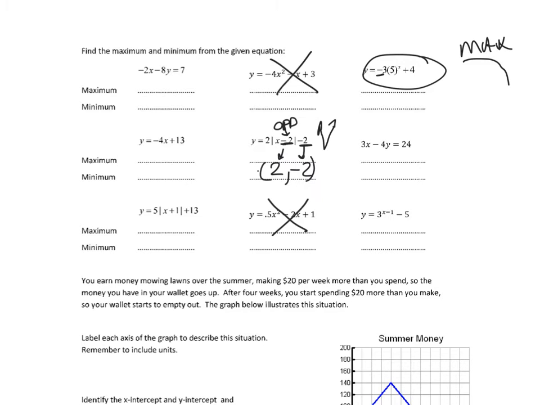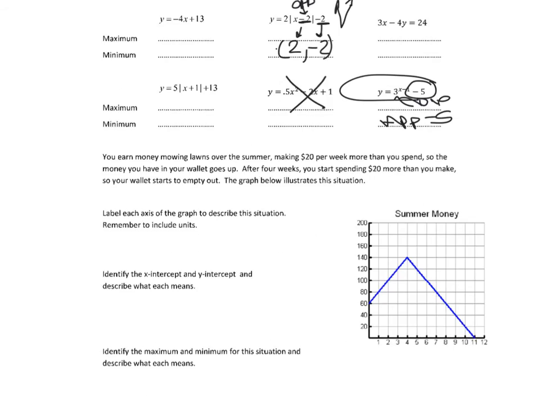Okay, and it's always going to be approaching that number outside. Okay, if there's not a number, it's approaching 0. All right, so like this one, it's positive, so that means you're going to have a minimum, and it's going to be approaching negative 5.